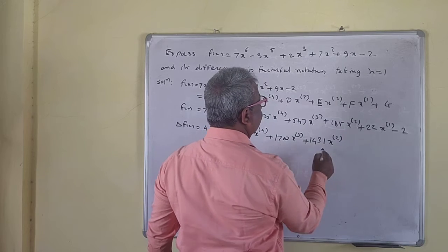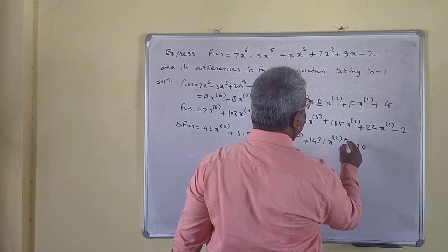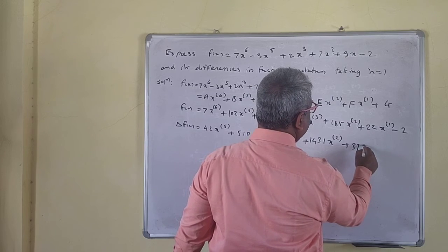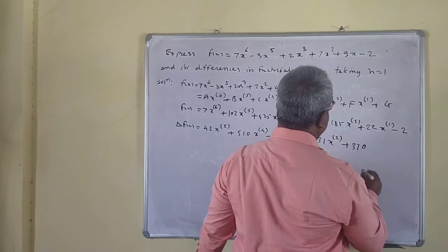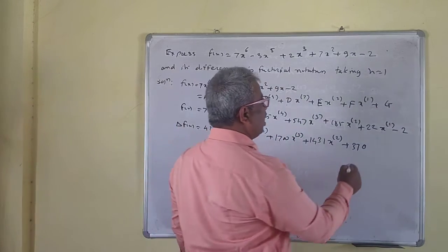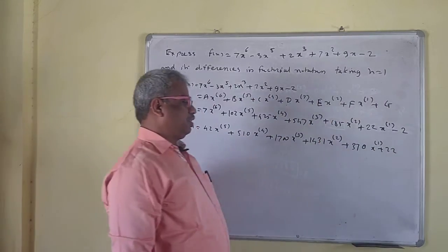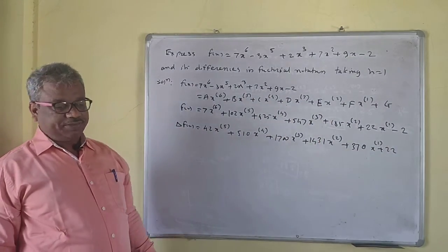So x to the power 2 now plus, this is 85. So 10 16 17. So 2. This is 370. This is 370 x plus 22. So I hope that you can do this one.